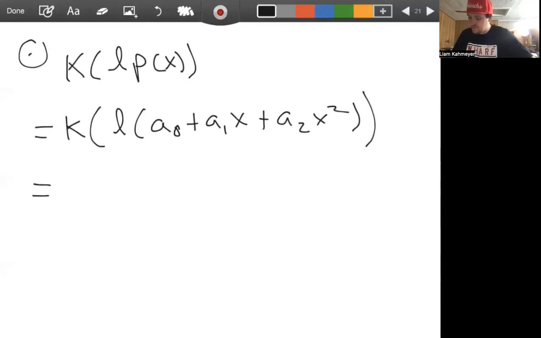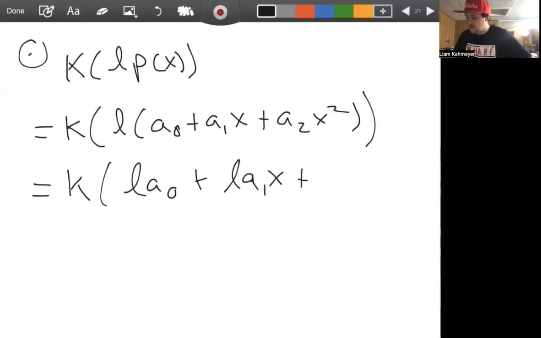This is equal to k. And now, we're over the reals here, and we know what we're doing in the reals. So this is L a naught plus L a1x plus L a2x squared.